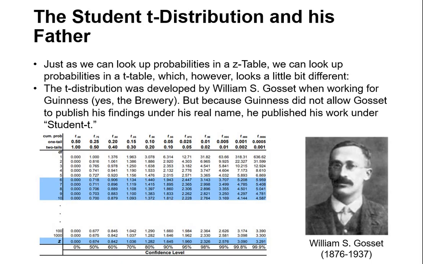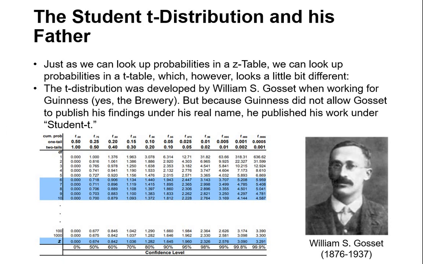So very often we want to have, in the normal distribution, in one tail, for example, 5%. So then we will have in one tail 5%, but then in both tails together 10%. And then depending on the degrees of freedom, you can see the critical value that you can look up.